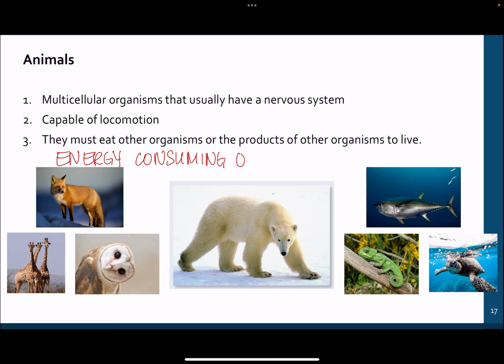So we either eat the organism directly or we eat an organism that ate an organism. So plants are sort of at the bottom of the food chain. They're bringing in that sunlight energy, but they're not the bottom in the bad sense. They're bottom in the fact that they hold everything else up. So every animal is either eating a plant or eating an animal that eats a plant. And that energy is transferred through those different levels up to the organism that is eating them.